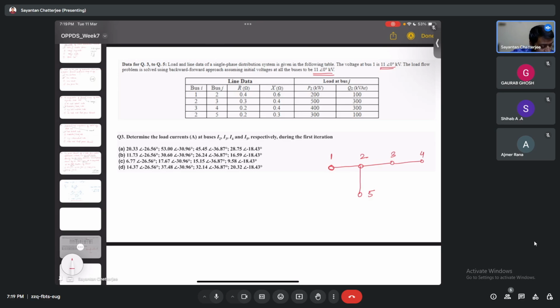So this is the radial distribution network, and this is the source bus voltage at bus 1. So this is given as 11 angle 0 degree kV, right? Consider the initial values of all the nodes as 11 angle 0 kV. And power for all these nodes is given.